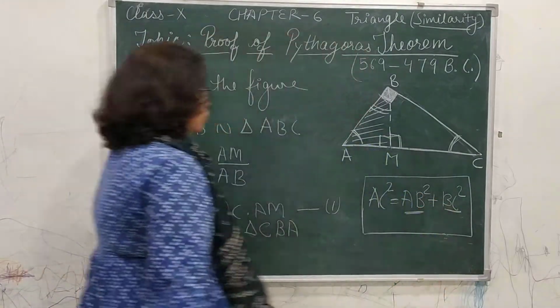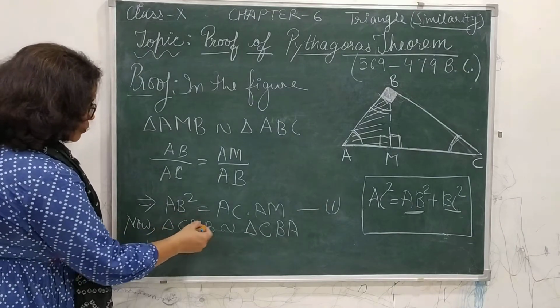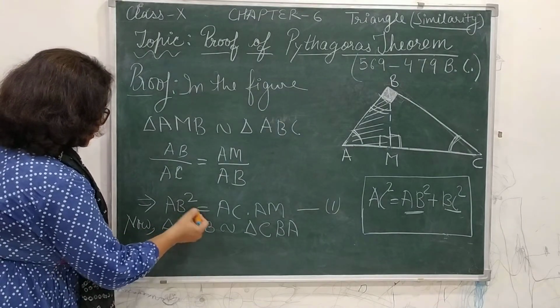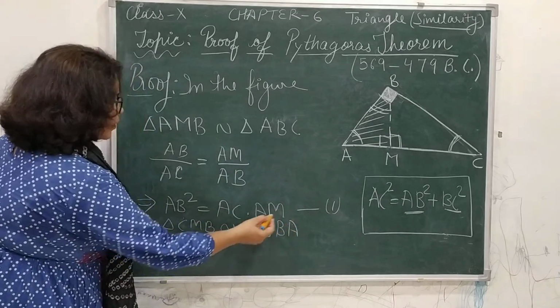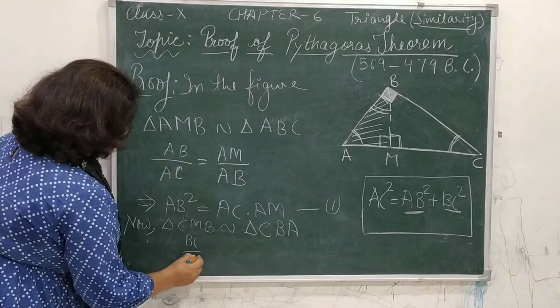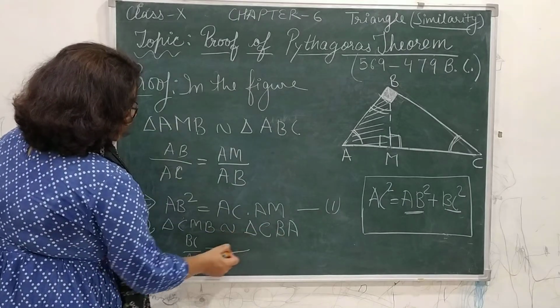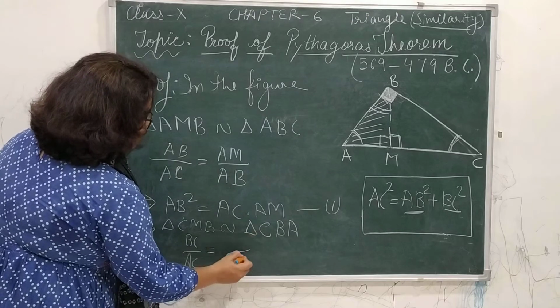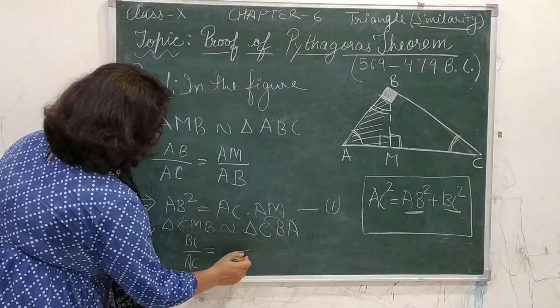BC square. So see here, where is BC? Yes, here I can get BC. So BC from this side to this side. BC upon what will come by the correspondence? AC will be equal to, in the numerator and denominator, I will get BC. So let us write down BC.